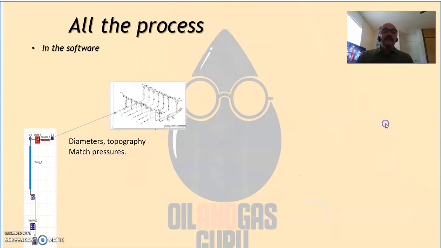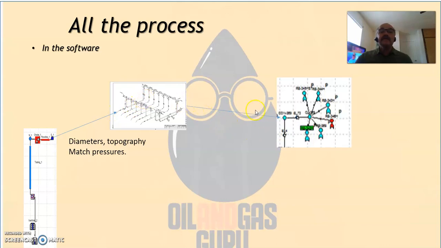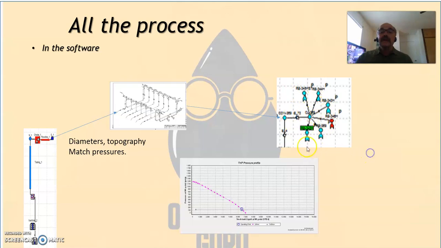So what happens in the software when we do this? We have the well, we have the potential right here, the 9,000 barrels. The energy in the ESP is enough to put the fluids in the manifold. Once it is in the manifold, it gets together with the rest of the wells and is pumped to the CPF, whatever you have.